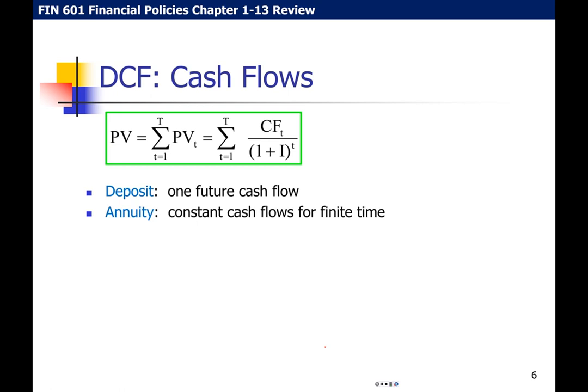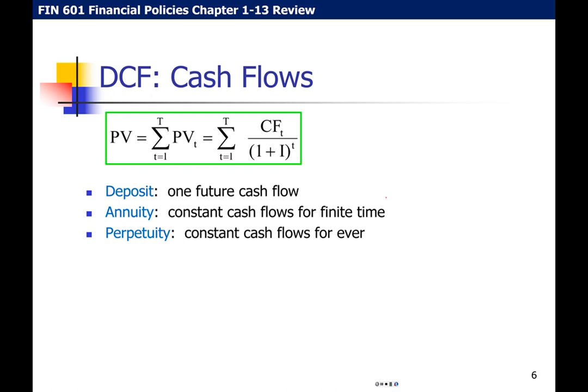Next, also very simple, is the annuity. These are constant cash flows that happen at regular intervals for a finite time. And next, perpetuities are also constant cash flows that go on forever.